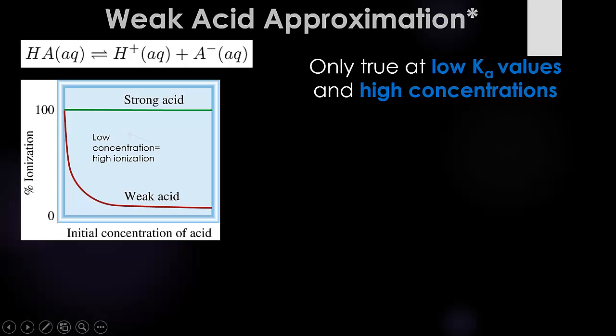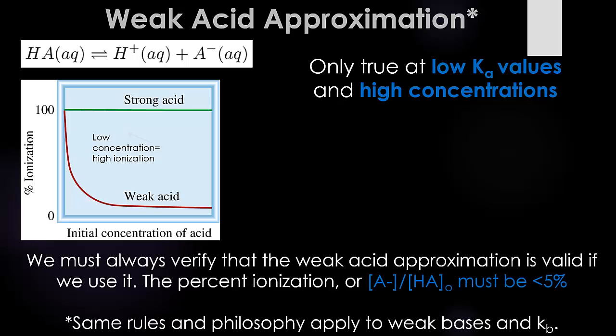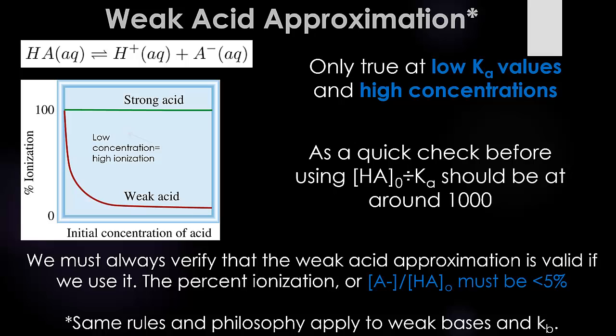However, there is another extremely handy guideline that you can use as a quick check before beginning the process. We said that a low Ka and high concentrations are both required for the approximation to be true, and it turns out that these need to differ by a factor of about 1,000.